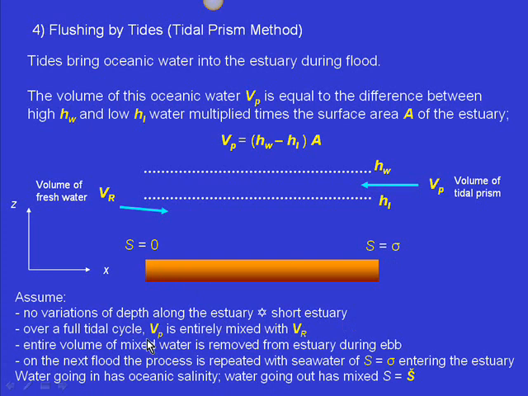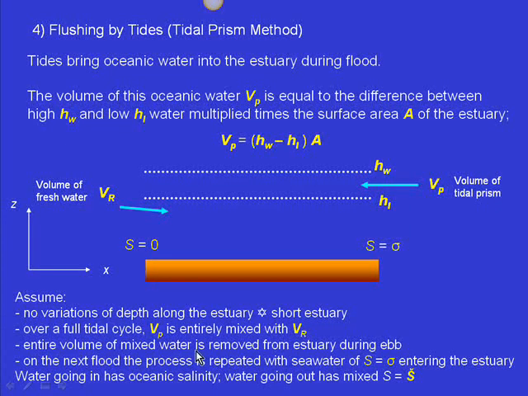And also we assume that over a full tidal cycle, this tidal prism is entirely mixed with the fresh water that comes in from the river. So think of a very small estuary where all the water that comes in during flood mixes with the fresh water from the river, and that mixture is flushed out.